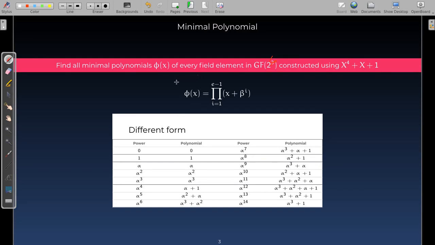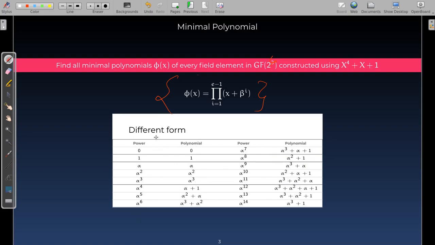This is the definition of phi x, and this is how we are going to calculate it. The field elements are 0, 1, alpha, alpha square, all the way up to alpha 14 for GF2 to the power 4, and this is their power representation and their polynomial representation.